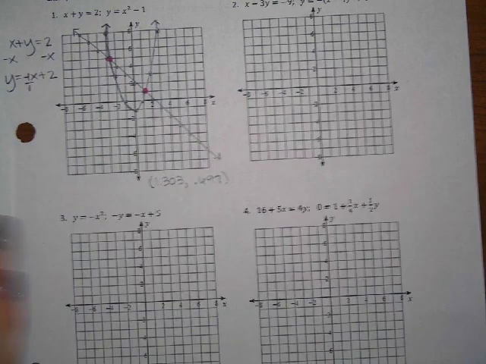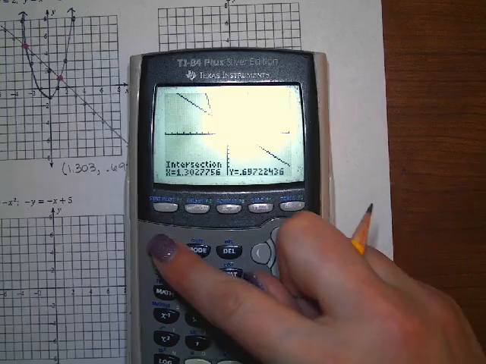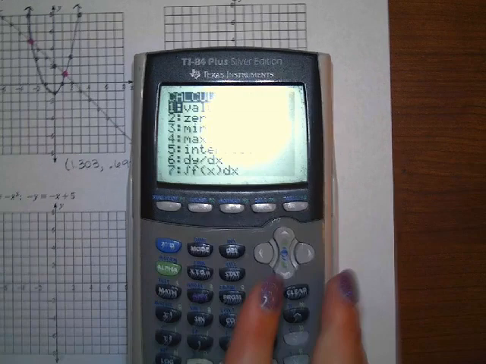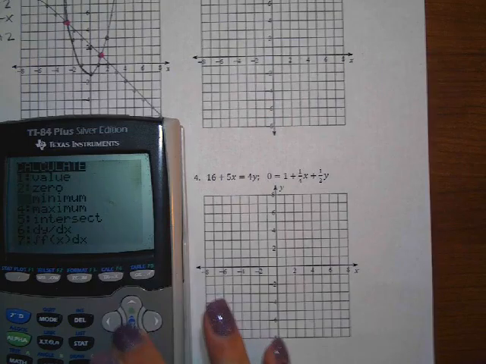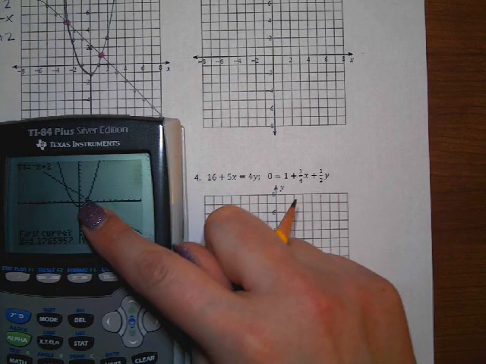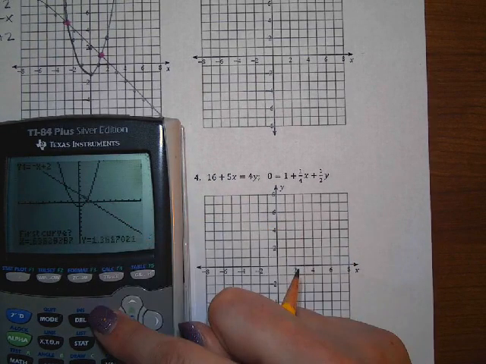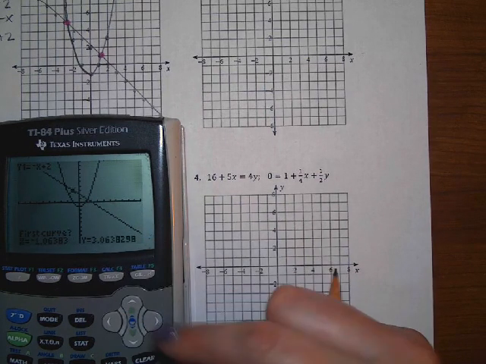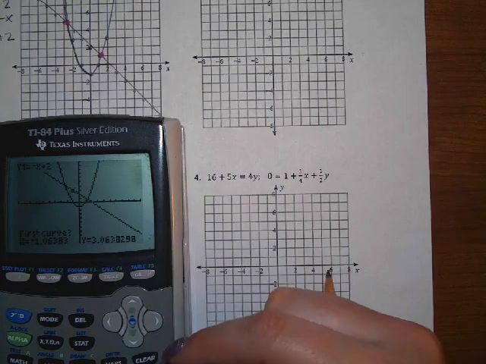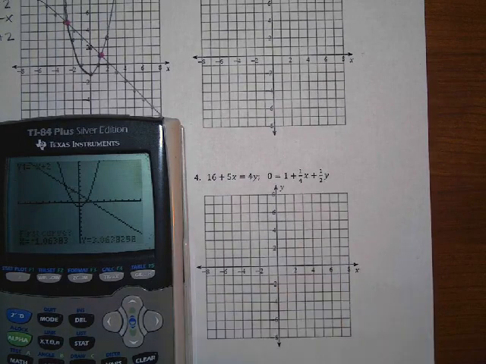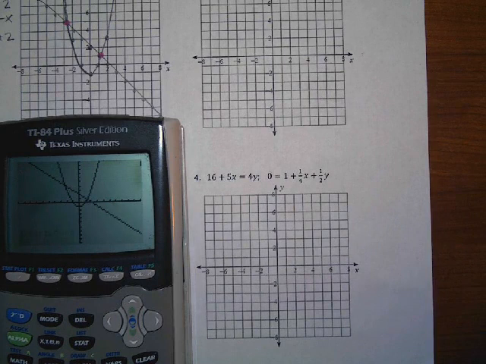And then for the other one, I'm just going to do the process again. Second trace number 5. And this time, now you can see my cursor over there on the right one. I'm just going to scroll to the left. And I don't have to be on top of it, I just have to be closer to it. So now I'm closer to the left, and I can press enter, enter, enter.